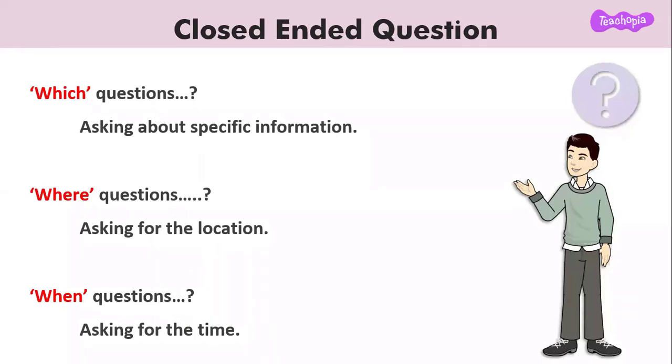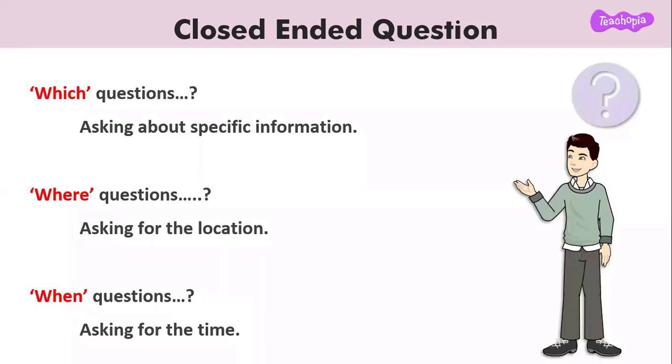So this is how question starters can be used again. The purpose of these question starters needs to be understood, and they can be used for both closed-ended and open-ended questions.